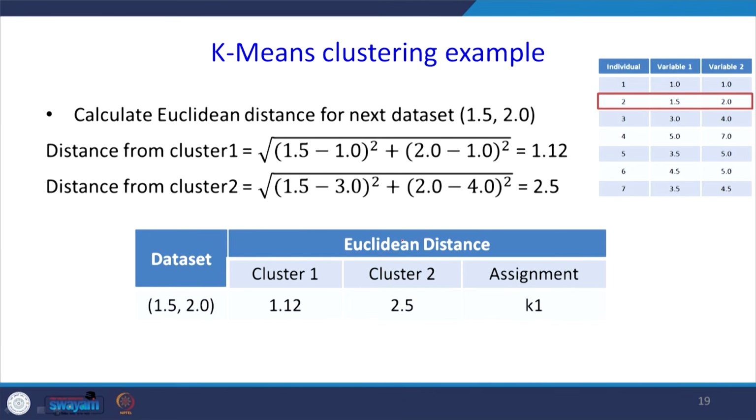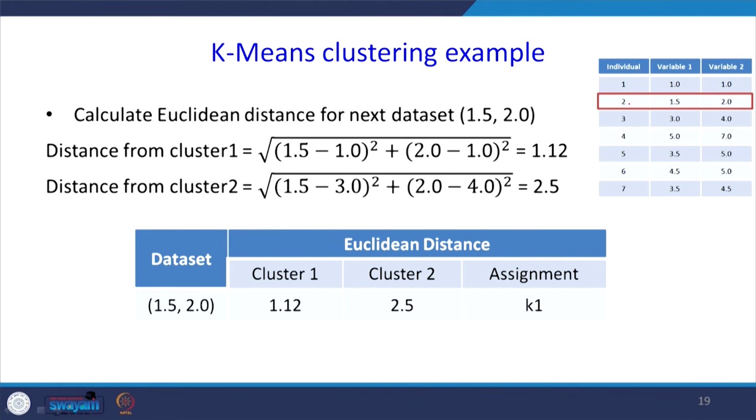Now, what we are going to do, we will take the next variable, 1 point, that is individual 2, 1.5 and 2. From cluster 1, I am going to find out how far away this point is. Similarly, from cluster 2, that is individual 3, what was the distance.